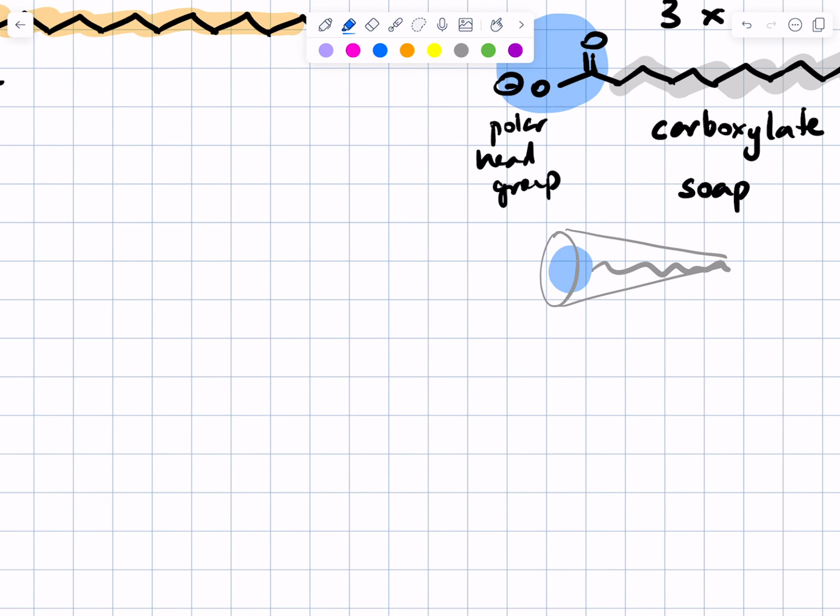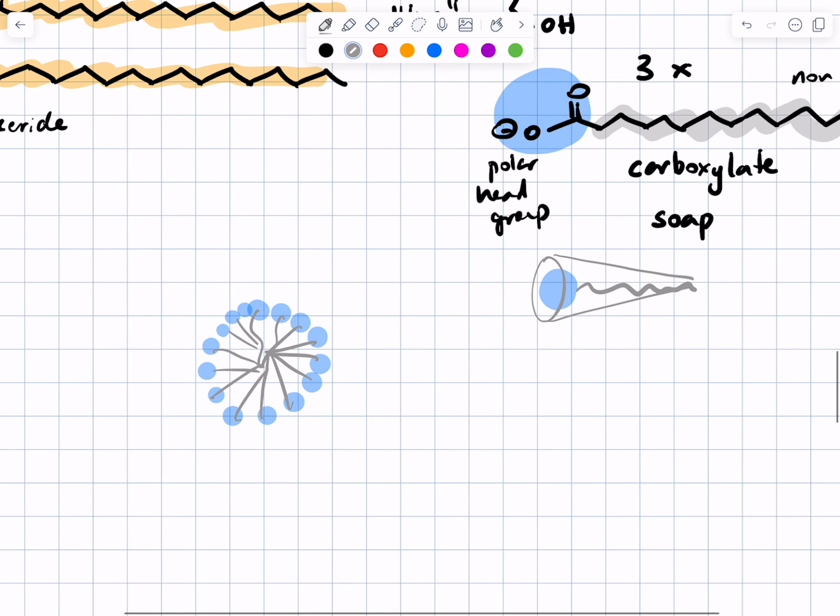This allows individual carboxylate molecules to associate into sphere-like particles called micelles that have a polar exterior and a nonpolar interior. These micelles can dissolve and carry away grease, oil, and other nonpolar molecules, just because they're nonpolar on the inside, polar on the outside. They're perfectly soluble in water.